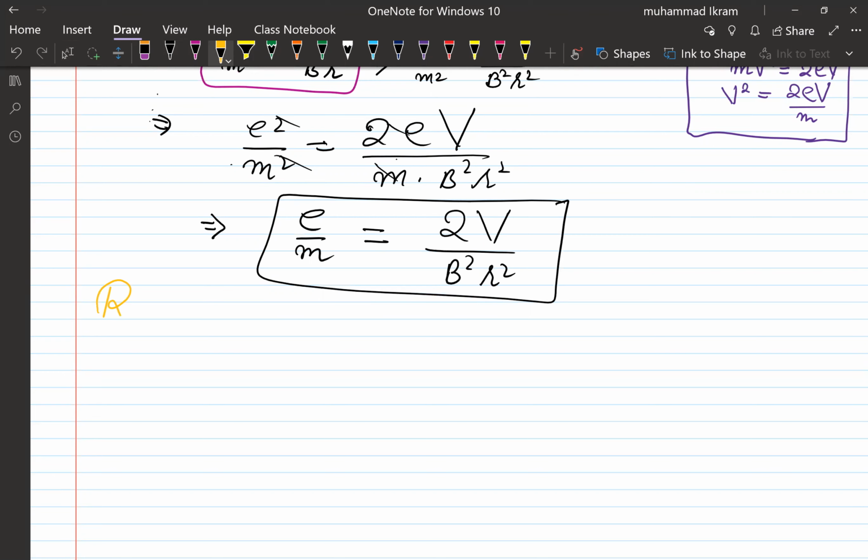Now the main question is, what is the significance of this E by M ratio? I am always interested in the results. That is why we are studying this, and what does it tell us? It tells us a very important point. Let me give you one simple example.